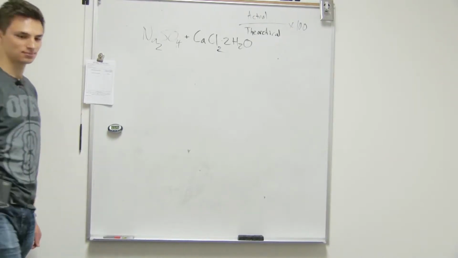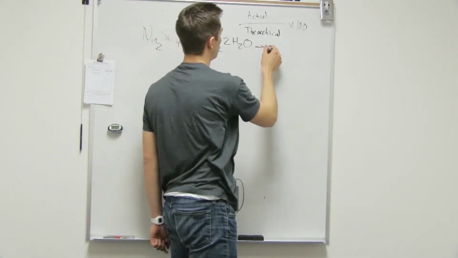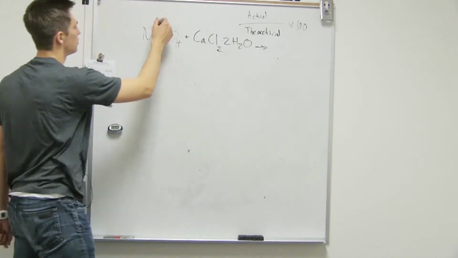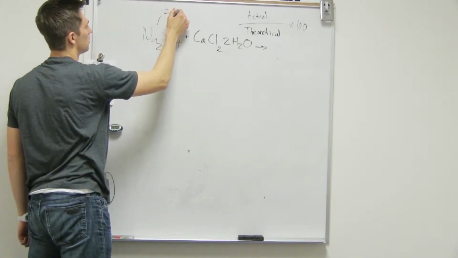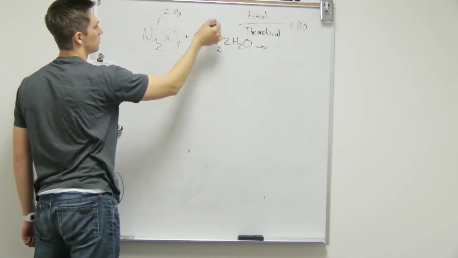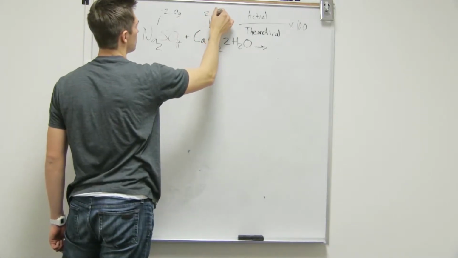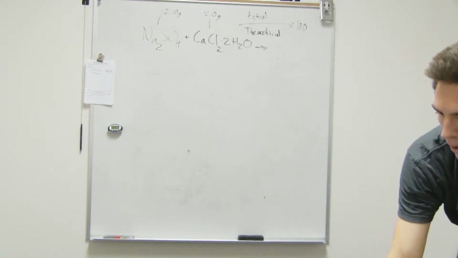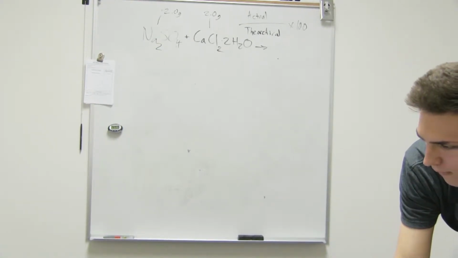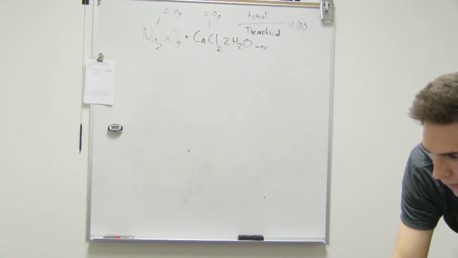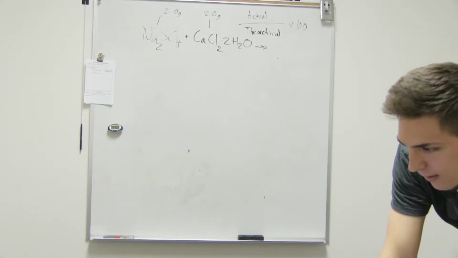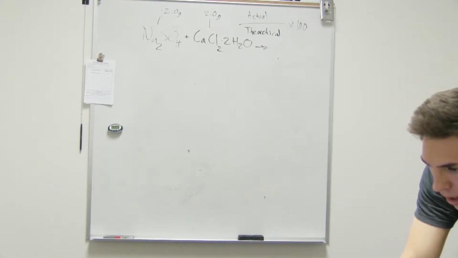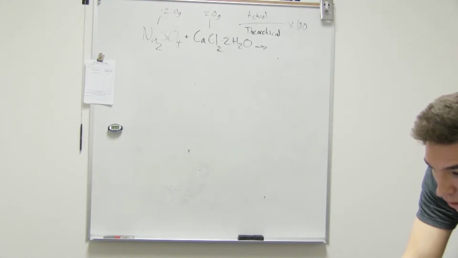Okay. We know that we have 2 grams of this and 2 grams of this. Is that right? Yeah, 2 grams of that dihydrate and 2 grams of calcium sulfate dihydrate are collected.